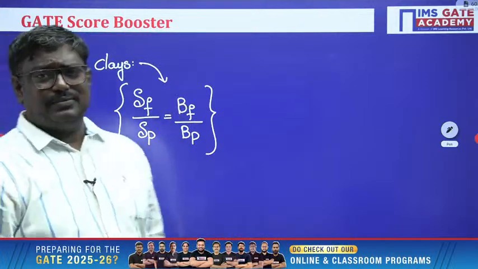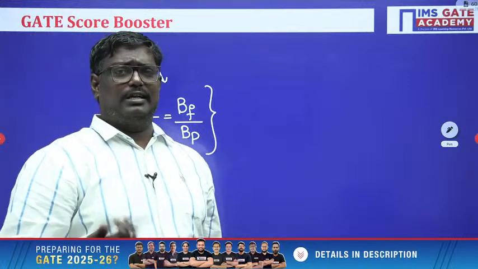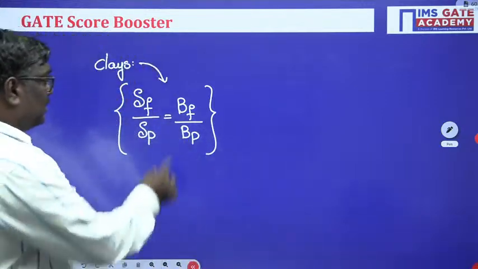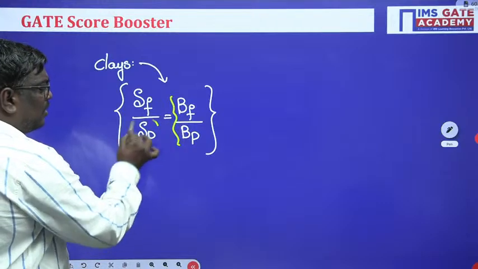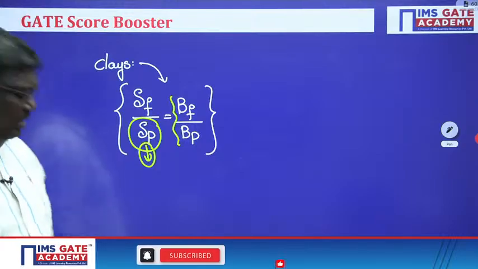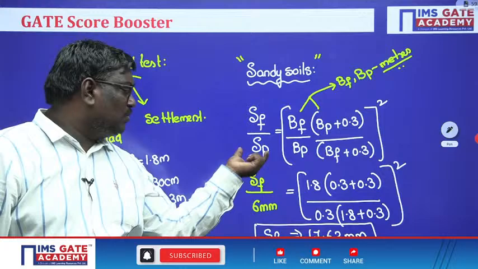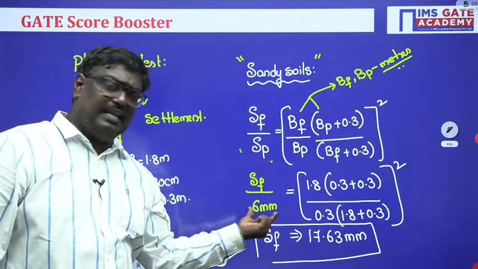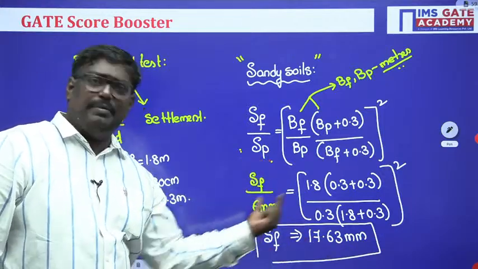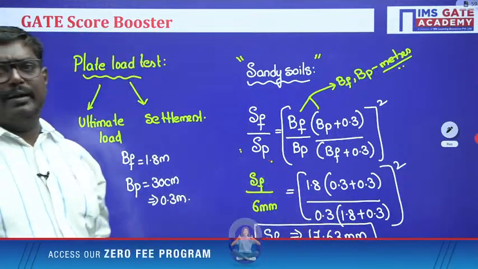Somewhat easy. Some of the students, when I am teaching offline or online class, ask what will be the units. These units will be cancelled on the right hand side. Whatever the units which you take for SP, if it is in mm, it will be in mm. If it is in centimeter, it will be in centimeter. If it is in meter, it will be in meter. I hope you are clear what I am trying to say. Very good.